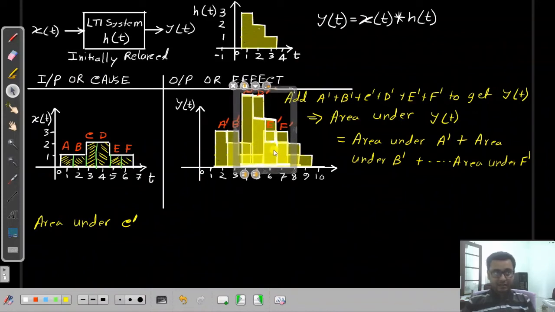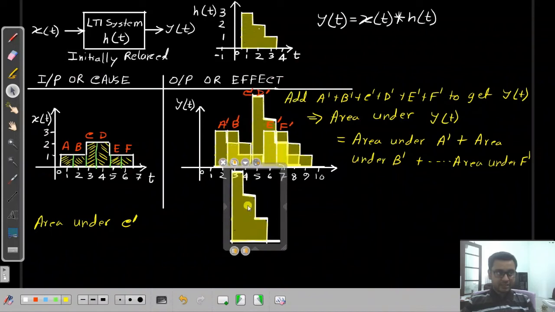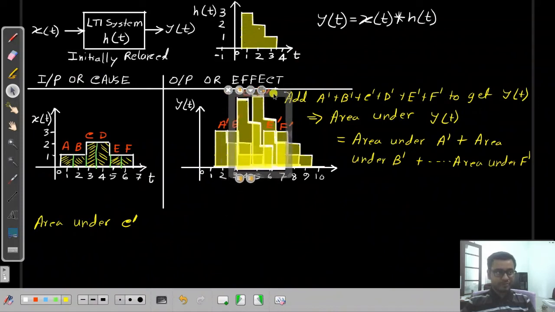This area is the area of h multiplied by the strength of this impulse. Okay, so in this case this is 2 units. So we therefore multiplied this h by a factor of 2 to get this output.